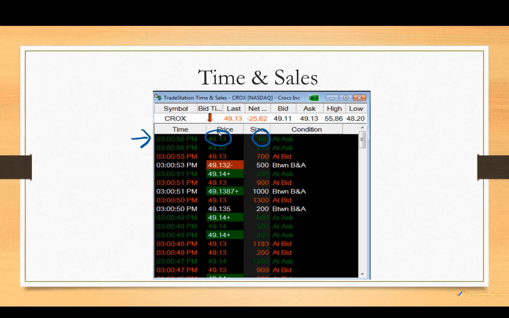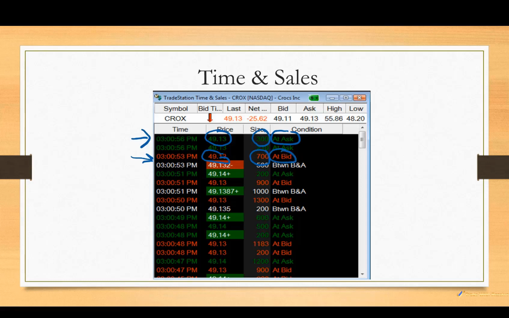So they actually bought on the ask, which is why the transaction is displayed in green. If we go down to another transaction that's displayed in red, it means that someone sold 700 shares on the bid, which is why the transaction is in red.